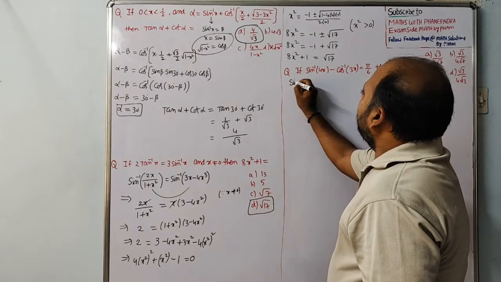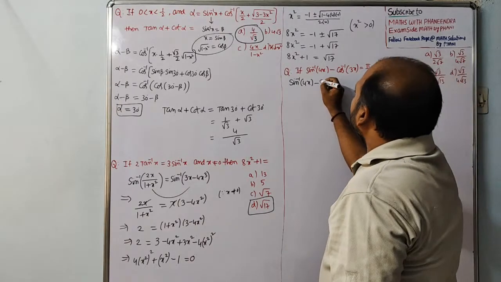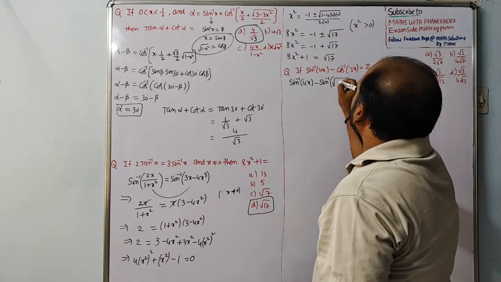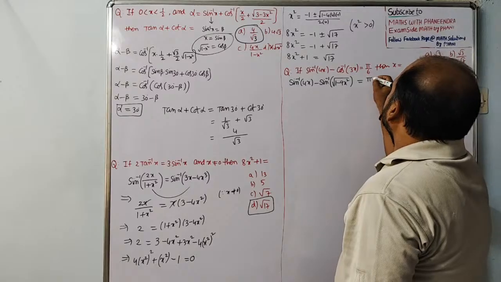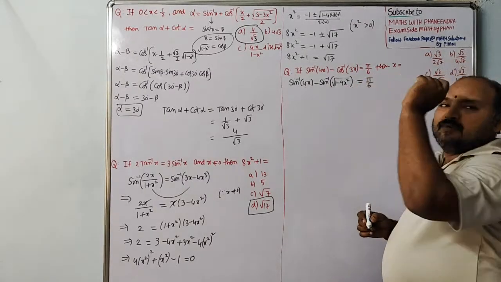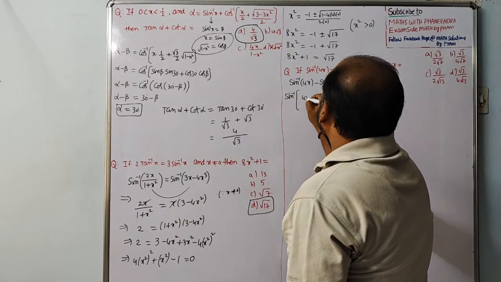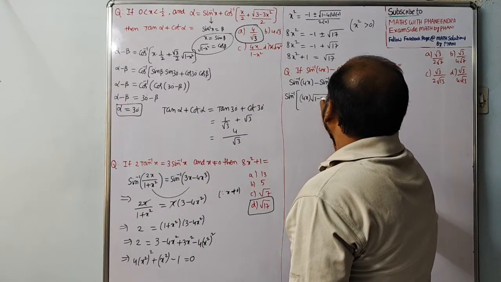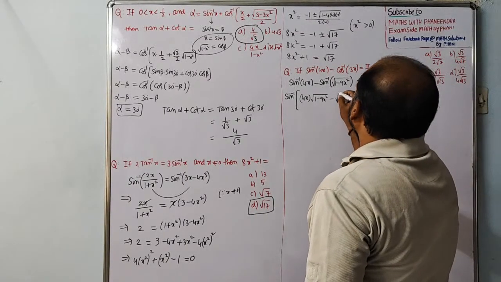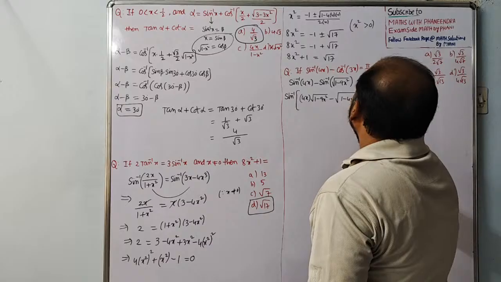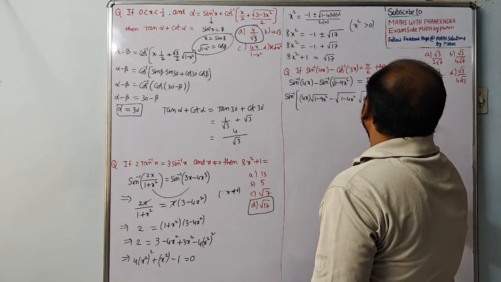Sin inverse of 4x, as it is we are writing, minus cos inverse, in terms of sine we can write like this: sin inverse of root of 1 minus x square, that means 3x whole square, is equal to pi by 6. So sin inverse x minus sin inverse y formula, we know that. So sin inverse of 4x into root of 1 minus 9x square, minus root of 1 minus 4x square into root of 1 minus 9x square.